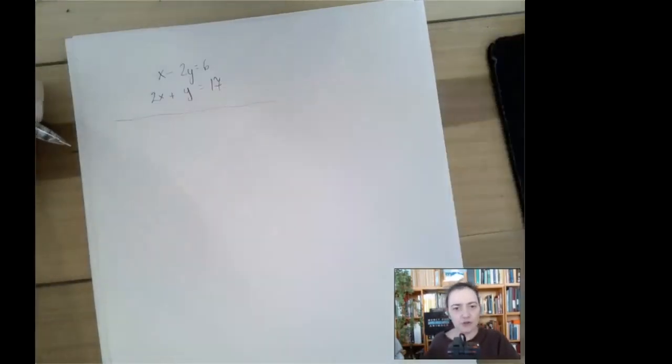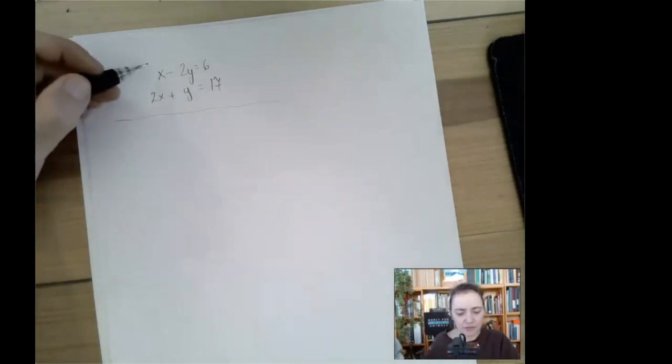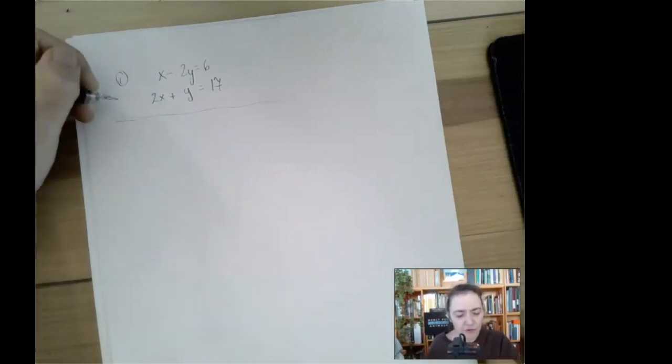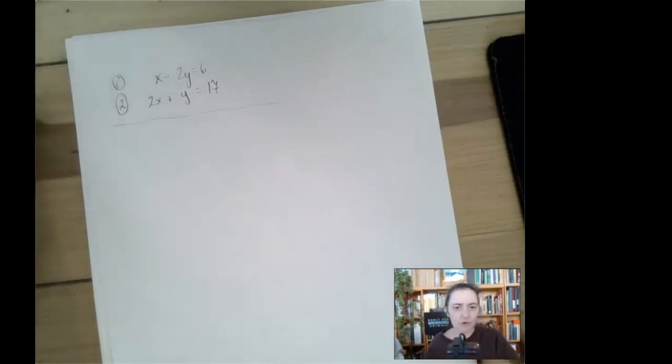We have 2 good choices: x from the first one or y from the second one. One of them is slightly better. What would you want to do? Solve for x in the first one or solve for y in the second one? And why is that slightly better than the other option?